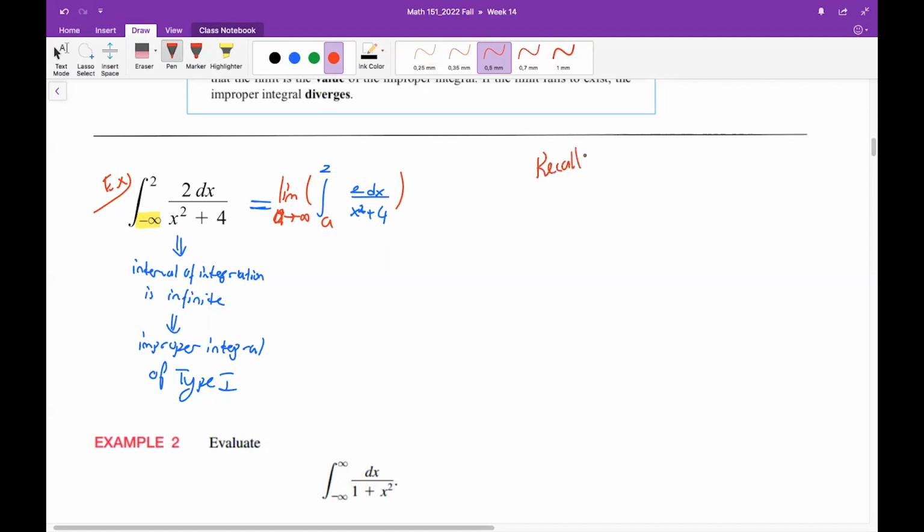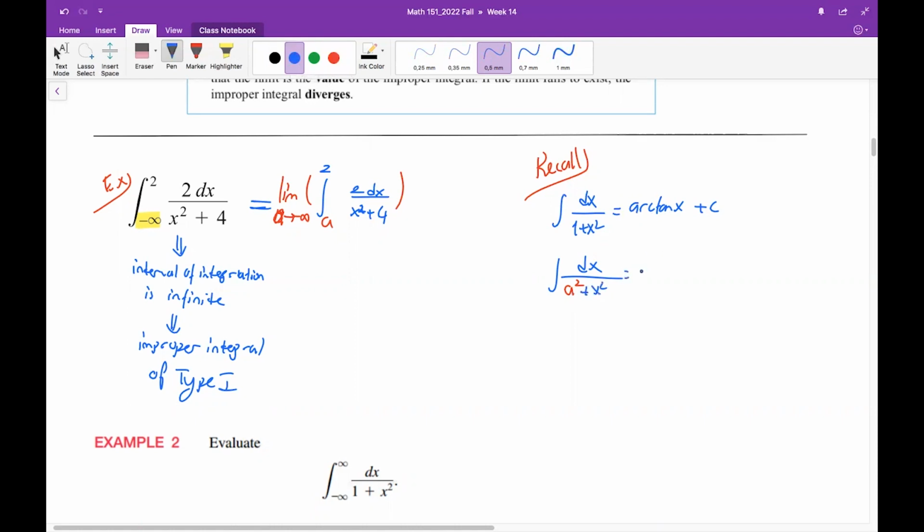So let's recall some integration rules here. You remember that the integral of 1 over 1 plus x squared is arctangent x plus c. Let's consider the more general version of this form, like instead of 1, I want to put a square here.